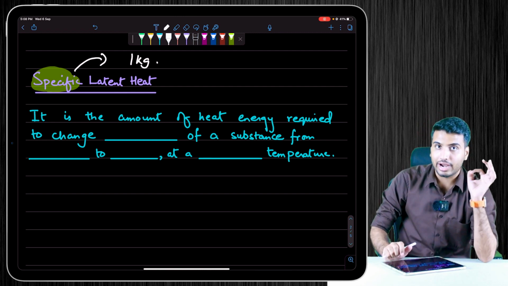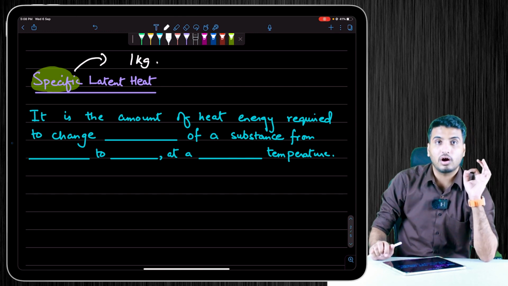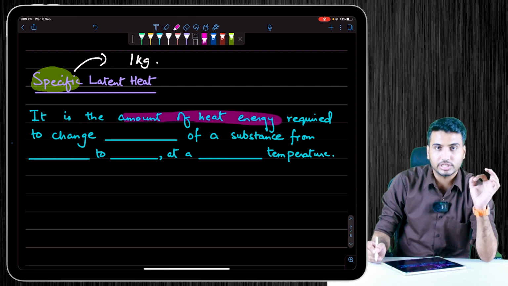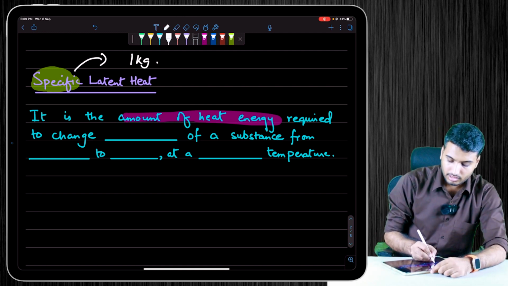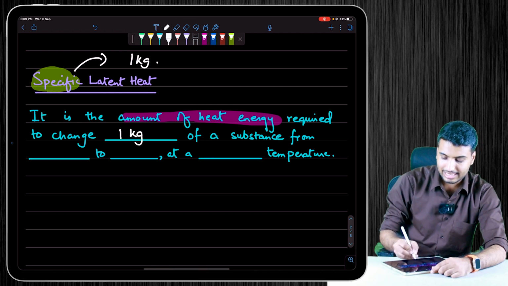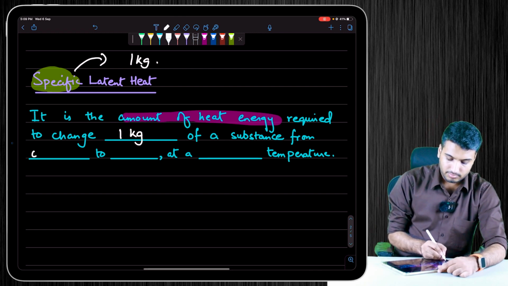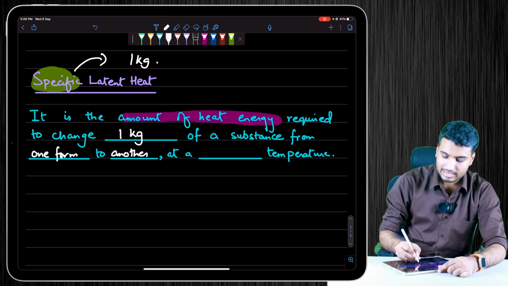Here we would write: it is the amount of heat energy required to change 1 kg of a substance from one form to another at a constant temperature. As it is specific, we write 1 kg of a substance. The rest of the definition is the same.